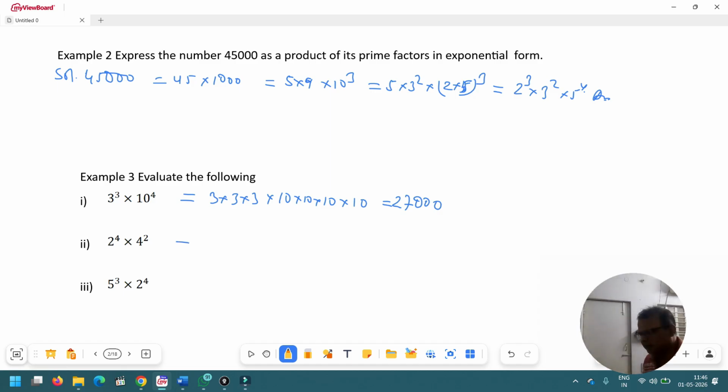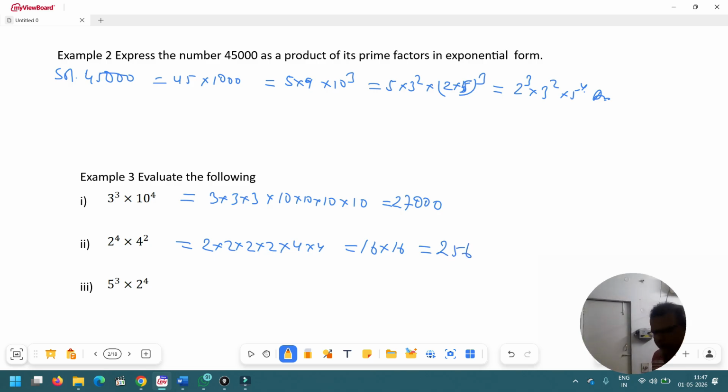Similarly, this will be 2 to the power 2 into 2 into 2 into 4 into 4. That is 2 twos are 4, 8, 16. 16 into 16 is equal to 256.